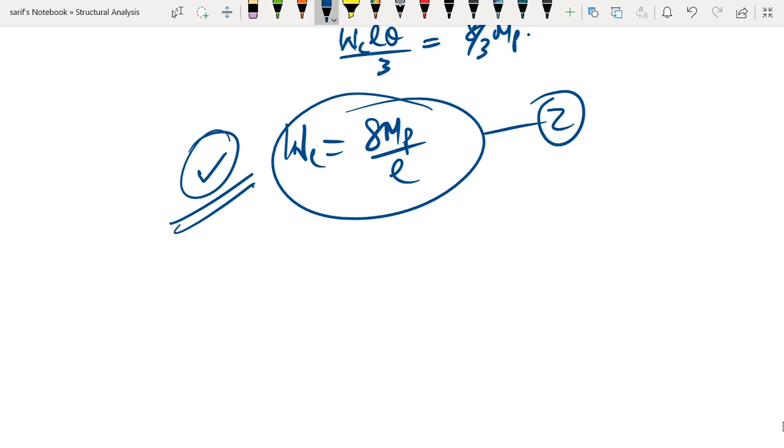Okay, I hope the idea is clear to you. WC equals 8 MP divided by L will be chosen as the collapse load of this entire structure.